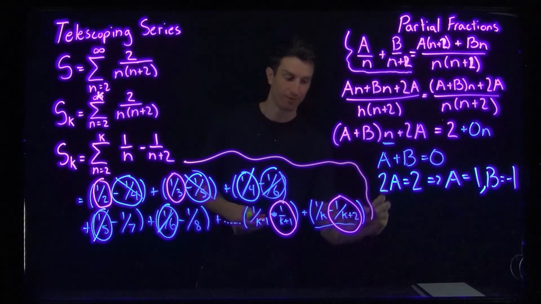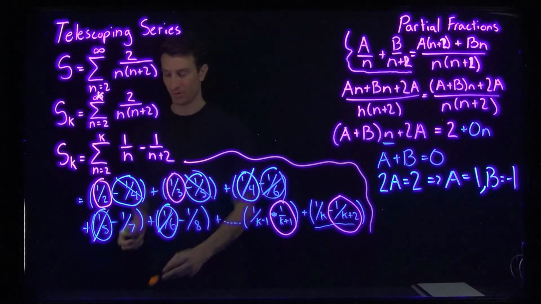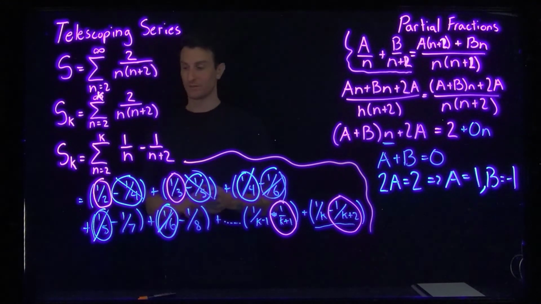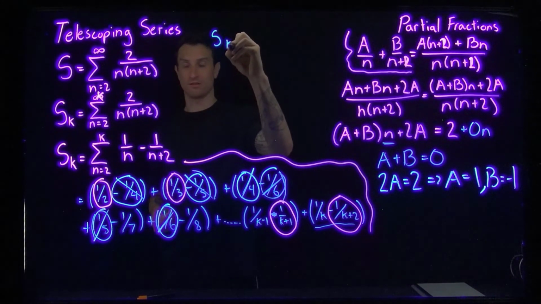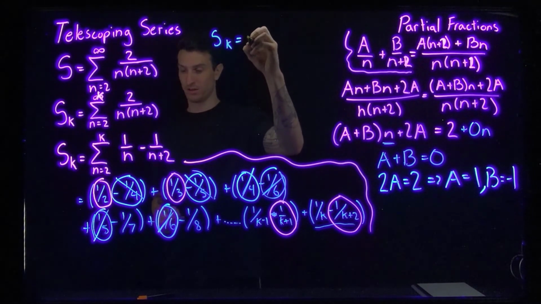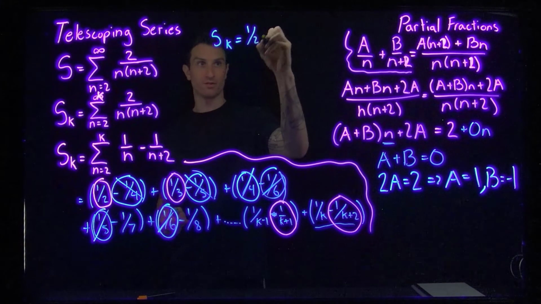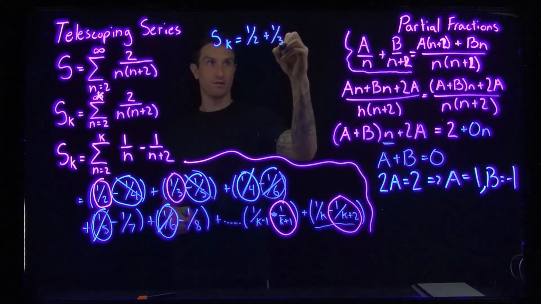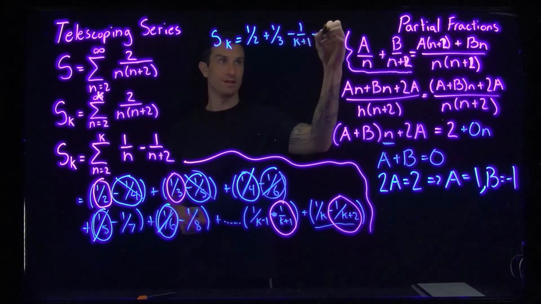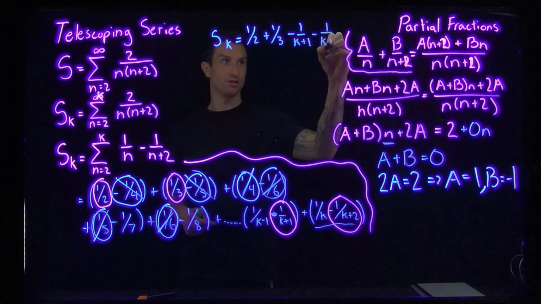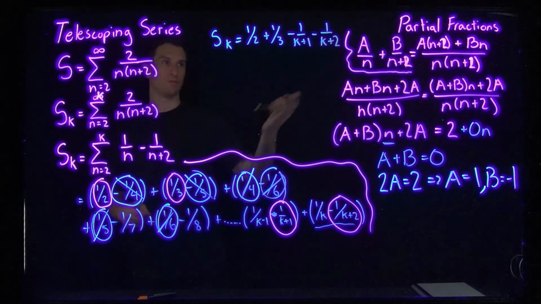So this simplifies to just s sub k equaling 1/2 plus 1/3 minus 1 over k plus 1 minus 1 over k plus 2. And you're like, well, what do we do with the k's?